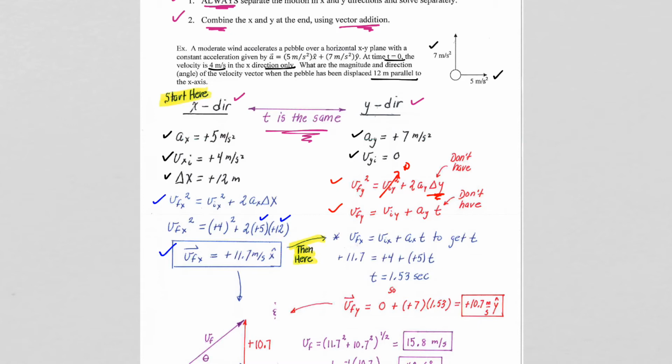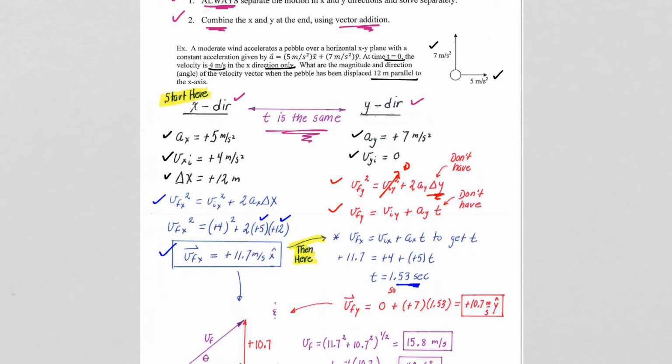Again, we don't have time, so we have a choice. We have to try to solve for either delta y or t. Since I'm given v final in the x direction, I can use my x information to find out how long it took to move in that direction. In this case, as you can see, it took 1.53 seconds. Time is the same for both.